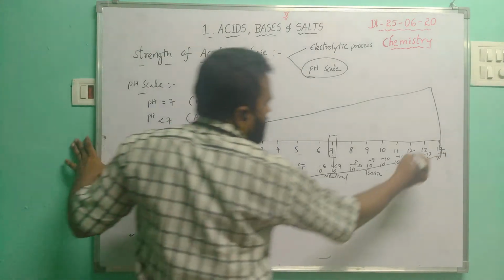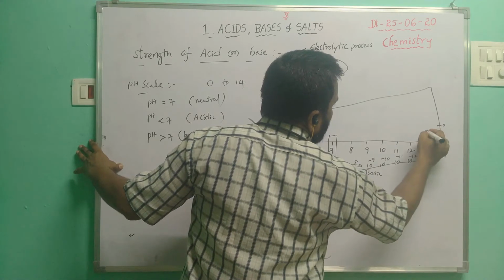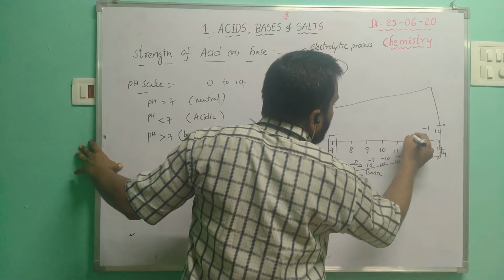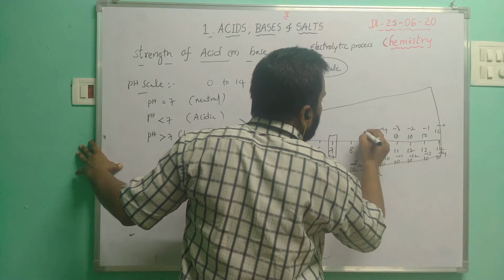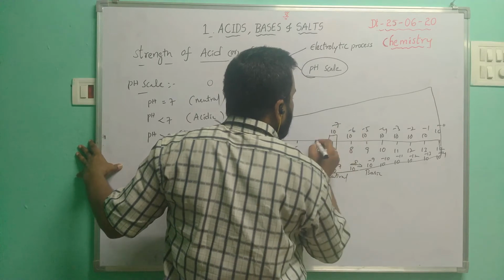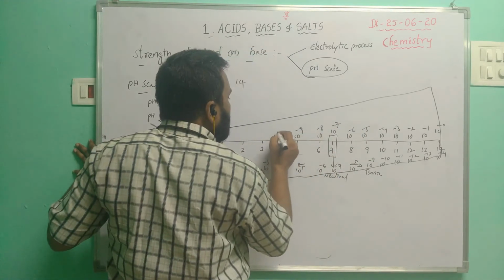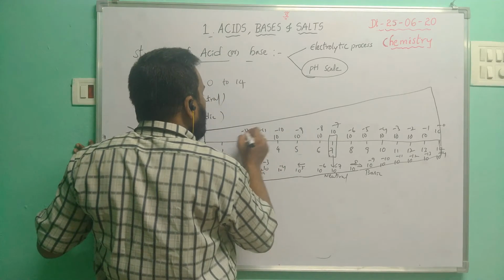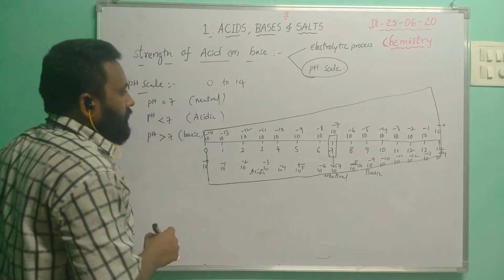OH minus ion concentration here is 10 to the power minus 0, minus 1, minus 2, up to minus 14, in the reverse direction.